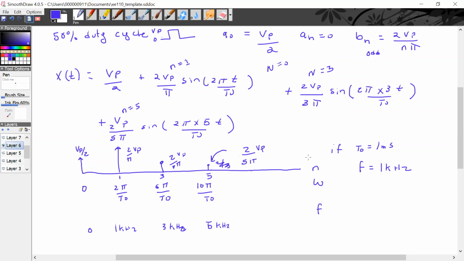Now, so this is our fundamental frequency, and then these are all the harmonics. But notice that at 50% duty cycle, the sine wave that's part of the original signal actually has a larger amplitude than what we want.